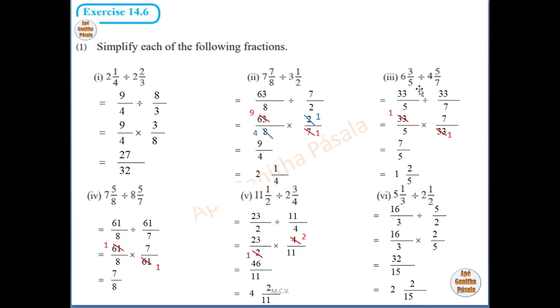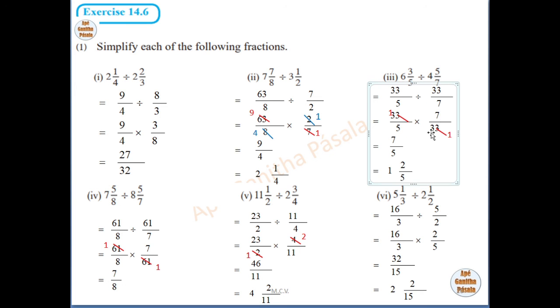Next one. 5 into 6, 30. 30 plus 3, 33. 33 over 5. 7 into 4, 28. 28 plus 5, 33. 33 over 7. Interchange. 7 over 33. Division becomes multiplication. 33, 33 are both divisible. Both are the same.